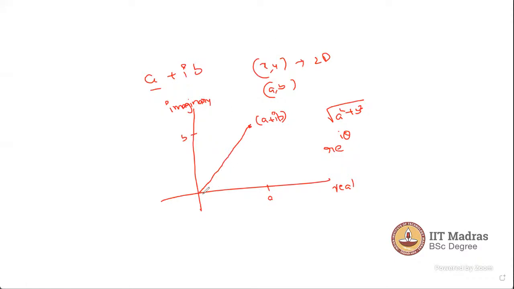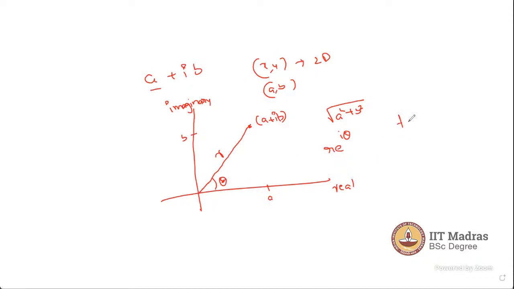We have this magnitude, the square root of a square plus b square. That can be considered as the radius, or whichever you want to call it, so that is called r. And the angle which this complex number makes with the x-axis is called theta.